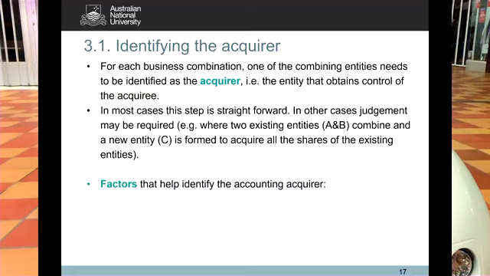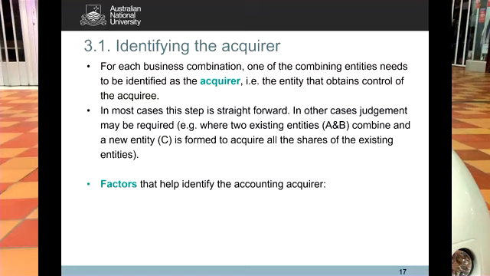For example, if there are 2 companies, let's say A and B, they combine and generate a new entity, which is C. Now it might not be that clear who controls who, right? So in this case, we do need to identify who would be the acquirer.